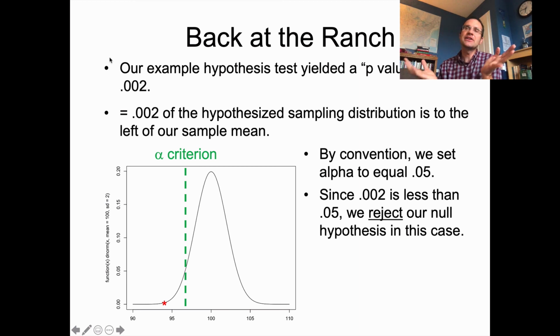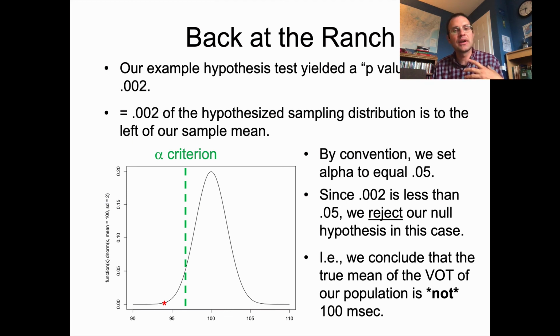Our default expectation was that VOT was 100 milliseconds. We just kind of picked that out of the air, but that's what we're starting from. And we find, based on our experimental data, that that is not the case. We're rejecting that null hypothesis, and we're going to say that instead, the VOT has to be less than that value.